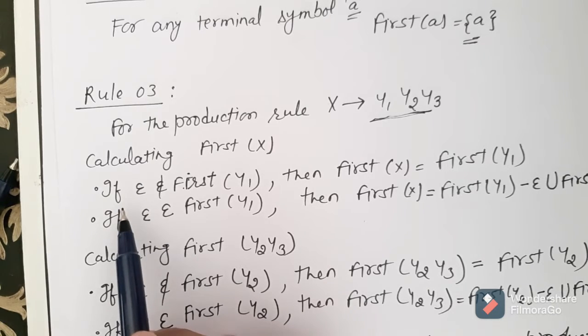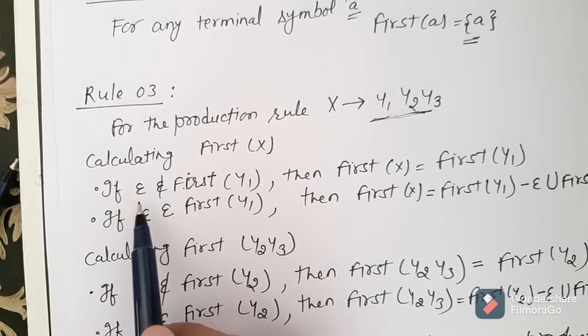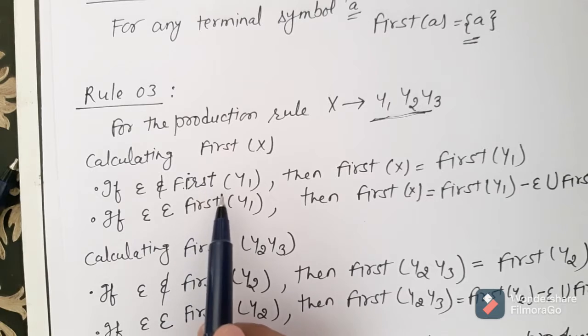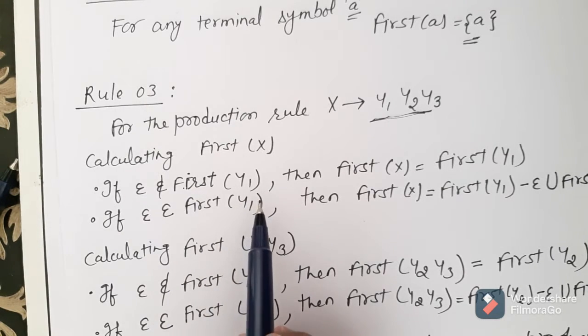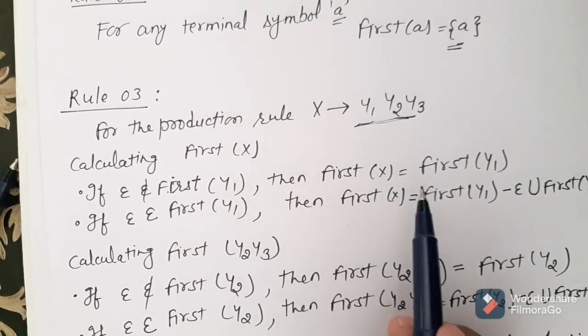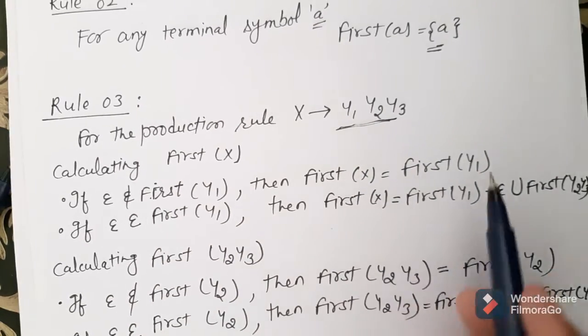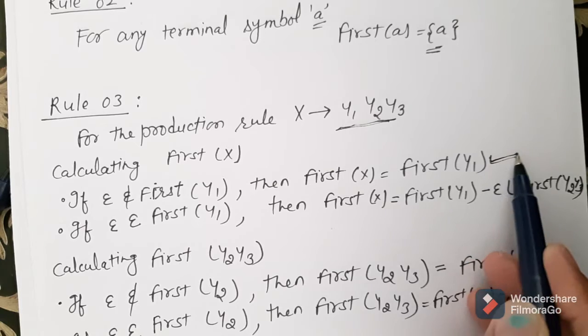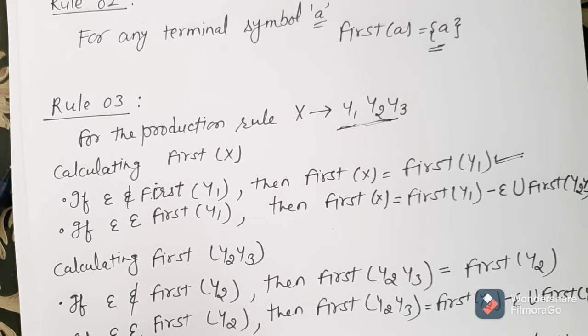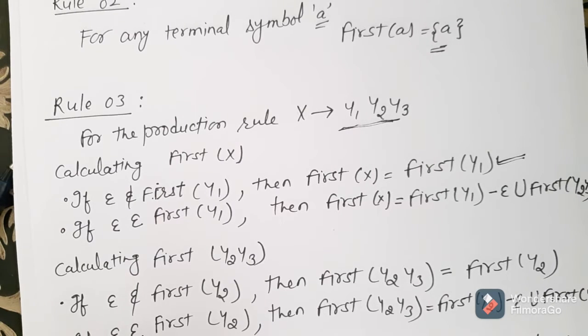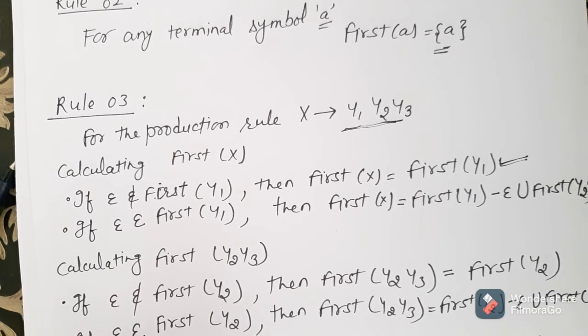Now this is very important. If epsilon is not in first of Y1, if there is no epsilon in first of Y1, then first of X is equal to first of Y1. It is simple. If there is no epsilon, meaning no empty string, because if we take the empty string as a first symbol, then the parser will assume that there are no other characters further.